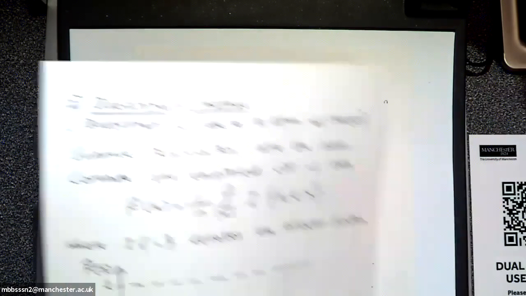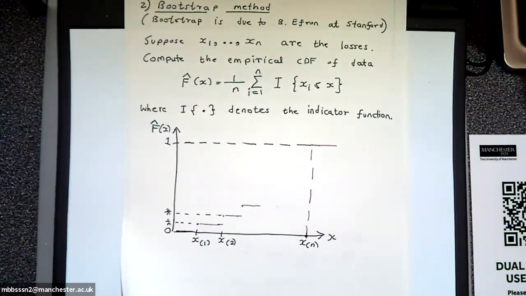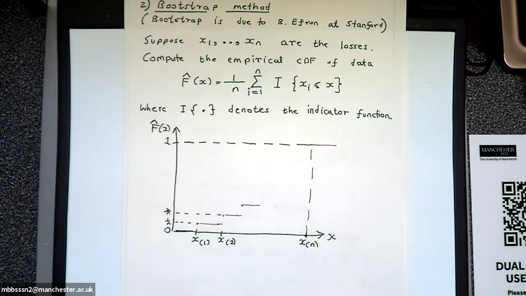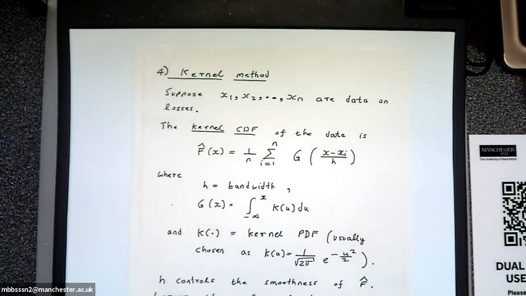This is the empirical CDF I talked about earlier. This is not smooth at all. It's like a staircase. It's not smooth. Whereas the kernel CDF is a smoother version of the CDF of the data.